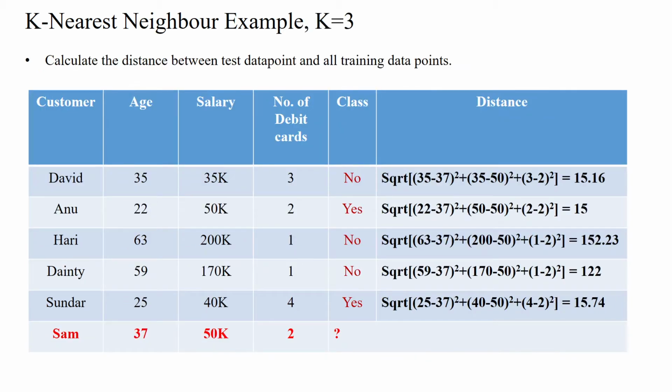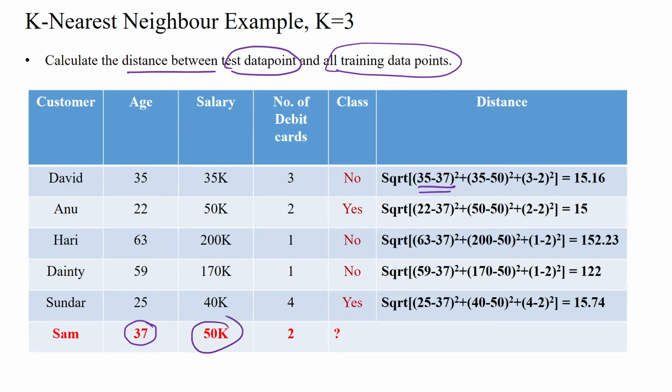First we have to identify the distance between the test data point and all training data points by using a distance metric. Here I am using the Euclidean distance metric. For the test data point, 37 minus 35 whole square, plus 50 minus 35 whole square, plus 3 minus 2 whole square, inside the square root you will get 15.16.